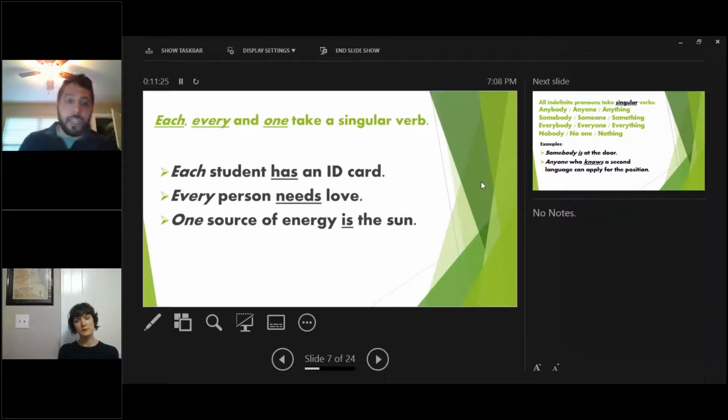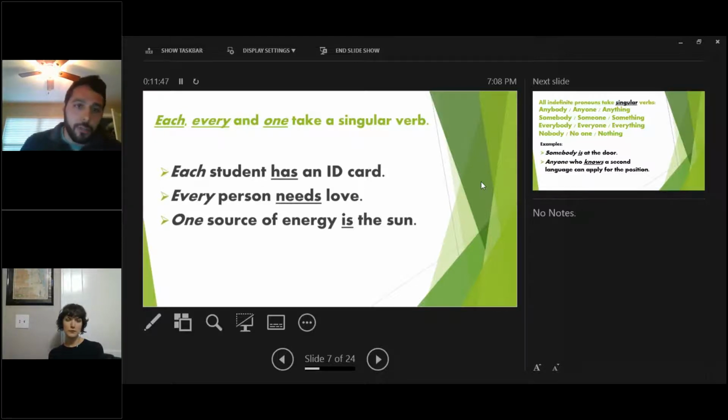An example of each: Each student has an ID card. So this is a good sentence for a couple things. Obviously, each is taking a singular verb, and also the verb here, have, becomes has in this singular context.